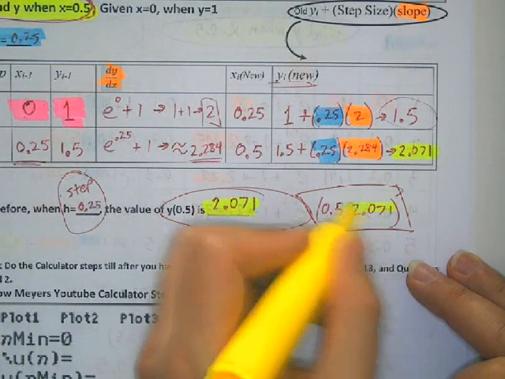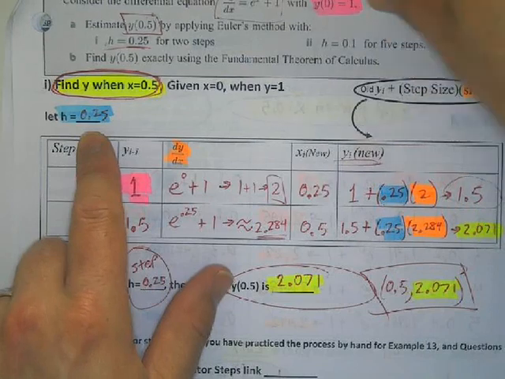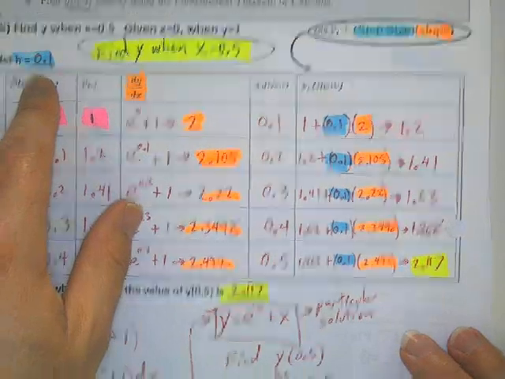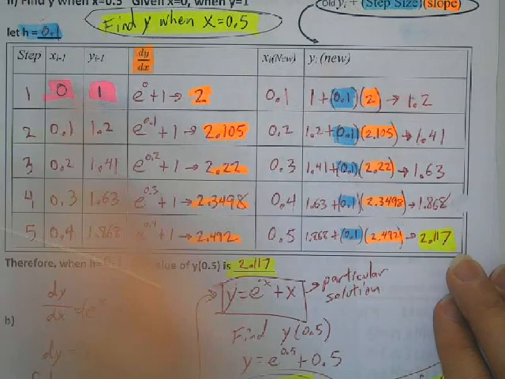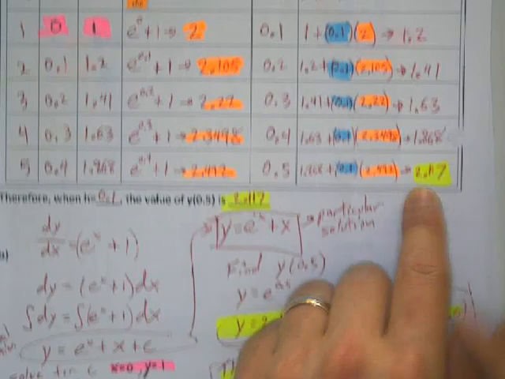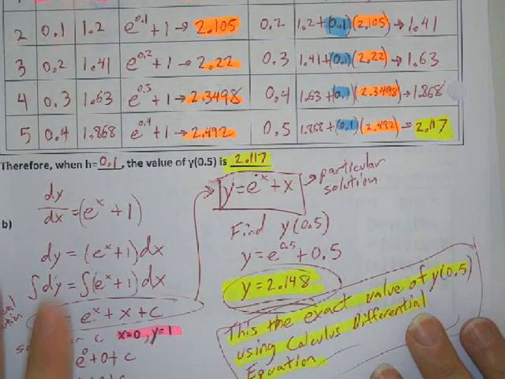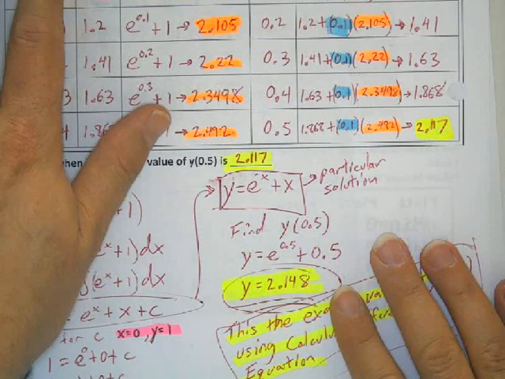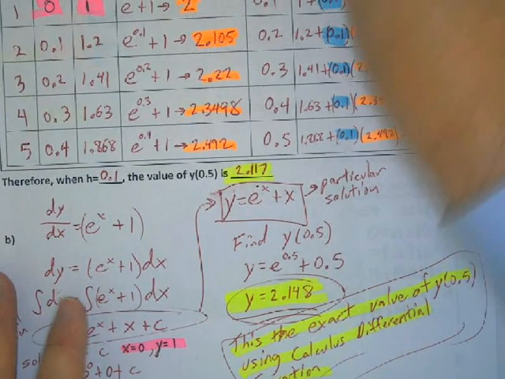That's kind of close, but here we had a step of 0.25, here we had a step of 0.1, and notice that when the step got smaller, we got an answer that was much closer to the exact answer. So it's better to have smaller steps to get closer to the real answer.